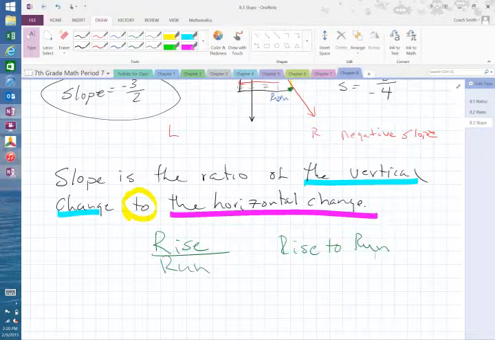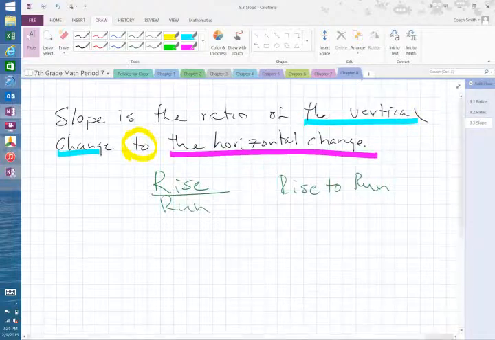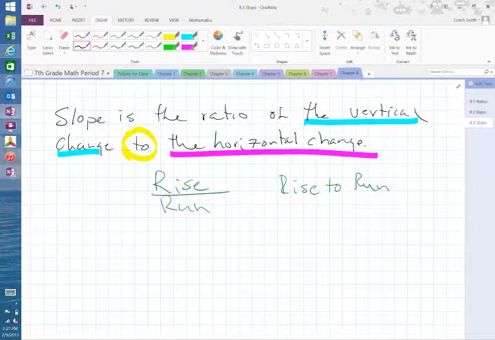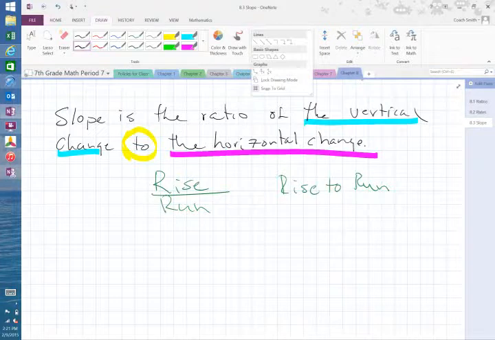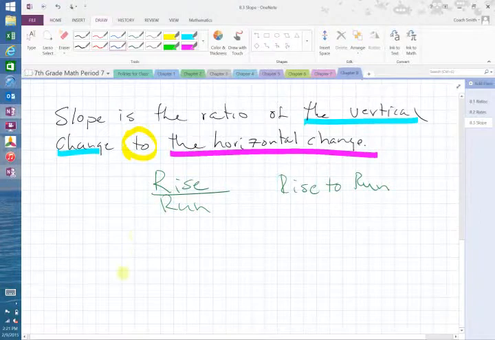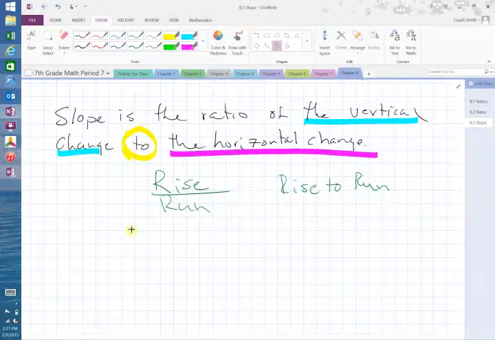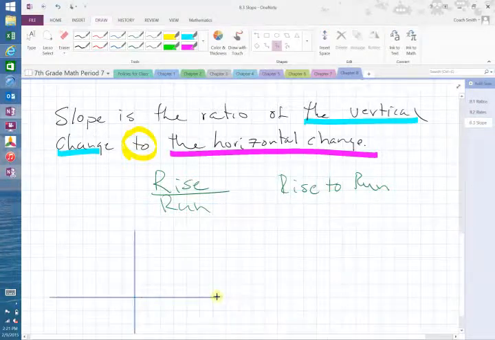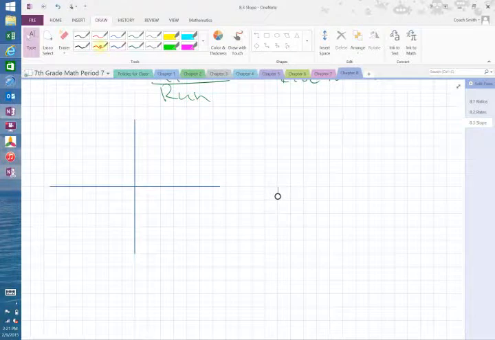All right, let's talk about the other two types of slope. Okay, if I have a line that's like this, let me go ahead and make it a true line.